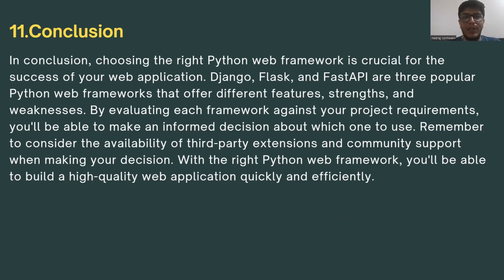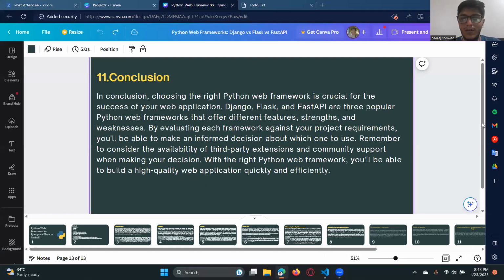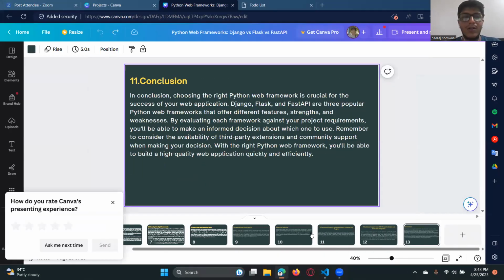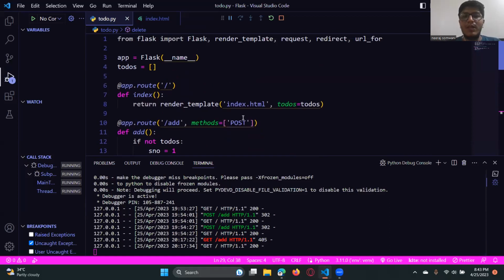So I will show it. Here is the code of my Flask web application. This is a simple to-do application, because Flask supports minimalistic projects, and that's why I suggest using it.